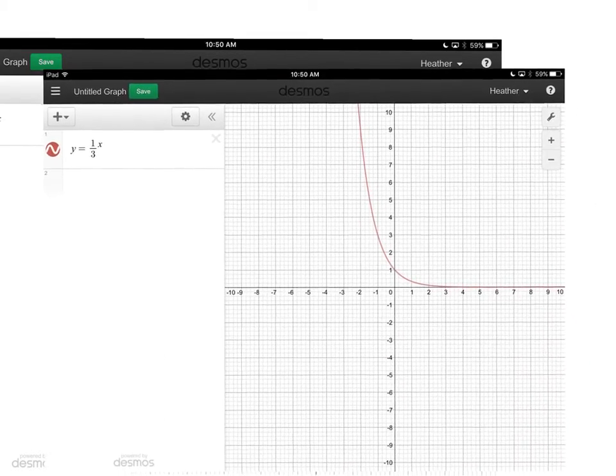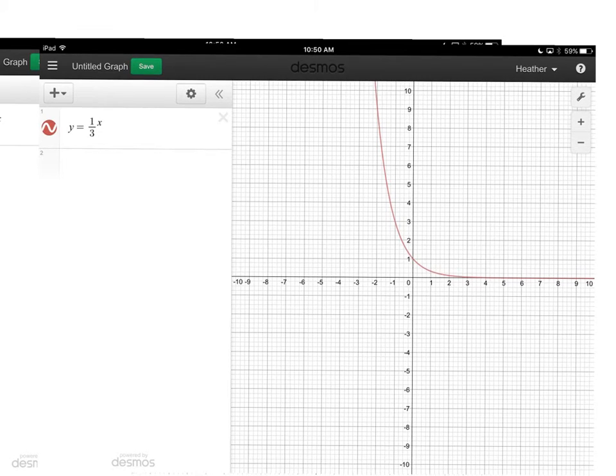And the same thing with this one, y equals 1/3 to the power of x. So those features of the graph are the same for any base exponential function, one that hasn't been transformed. You should know what its domain and range is. If it's just some positive number to the power of x, they're all going to be very similar.